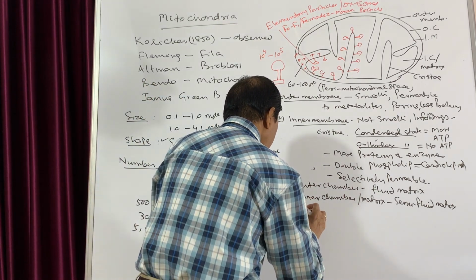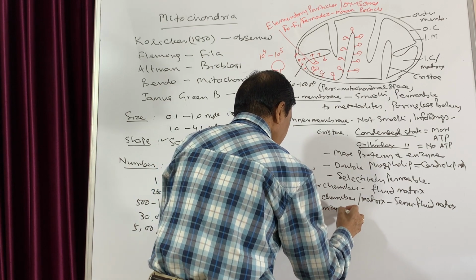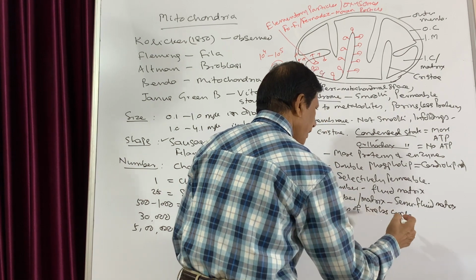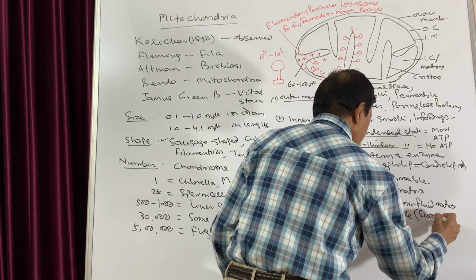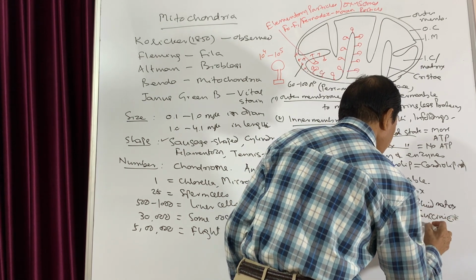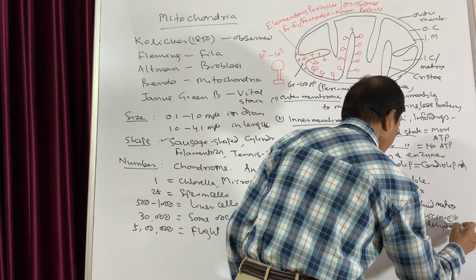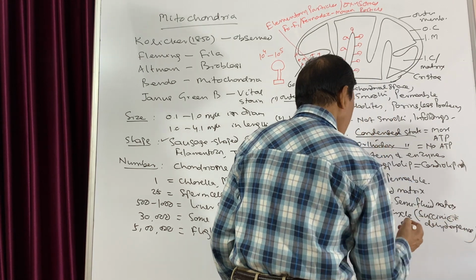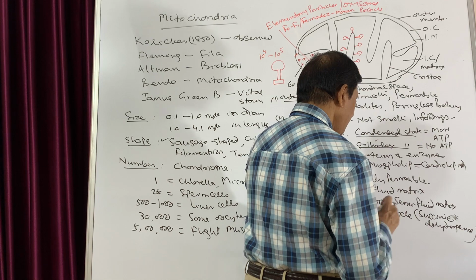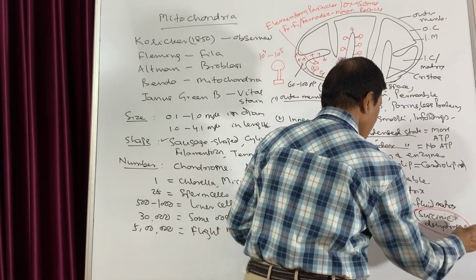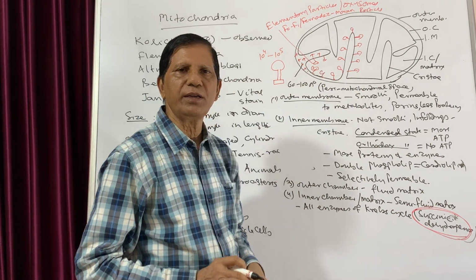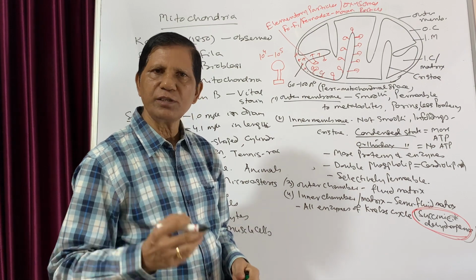So this is the exception. All the enzymes of Krebs cycle are present except succinic dehydrogenase, which is not present in the matrix; it is attached to the inner membrane of the mitochondria, where the electron transport system takes place.